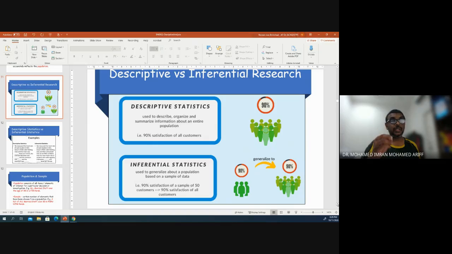So based on this 80%, saya boleh mengatakan bahawa I'm confident enough to say 80% out of the whole population in Tapah is happy. Walaupun my survey tadi hanyalah 150 orang. But I can generalizekan balik kepada semua. Okay, so inferential statistics or analysis means you infer balik pada population awak semua.